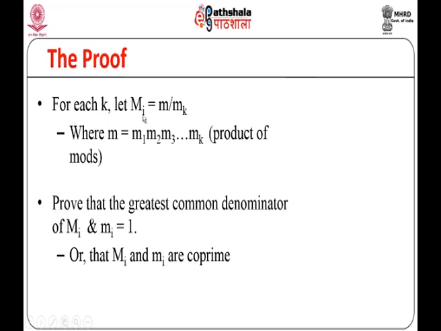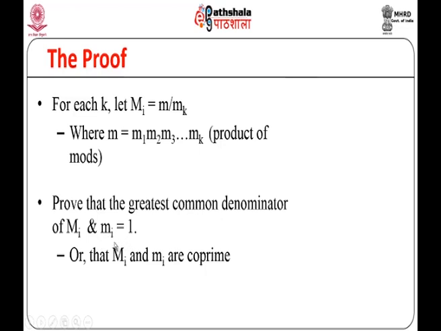And for each k, let Mi be equal to M divided by mk, where M is the product of m1, m2, m3, as we found out. Then it proves that the greatest common divisor of Mi and mi is equal to 1.